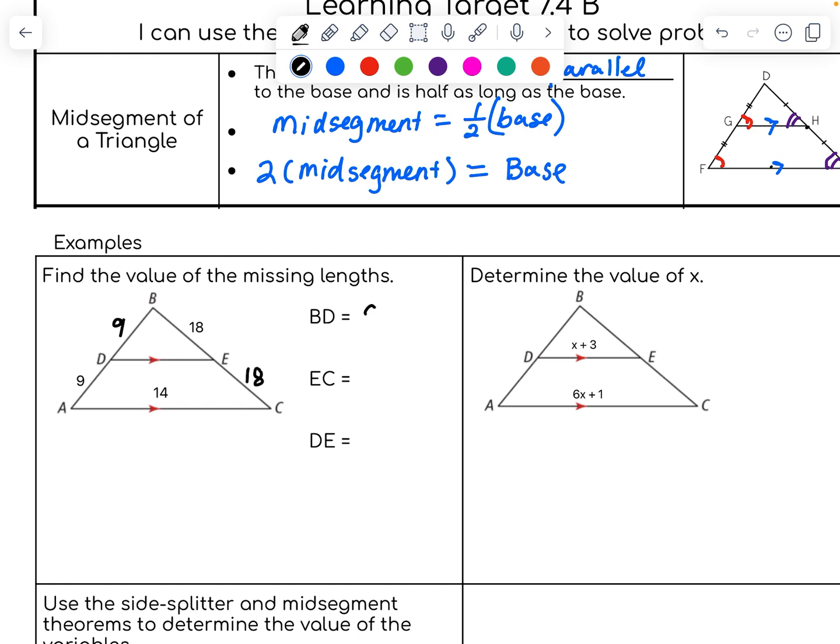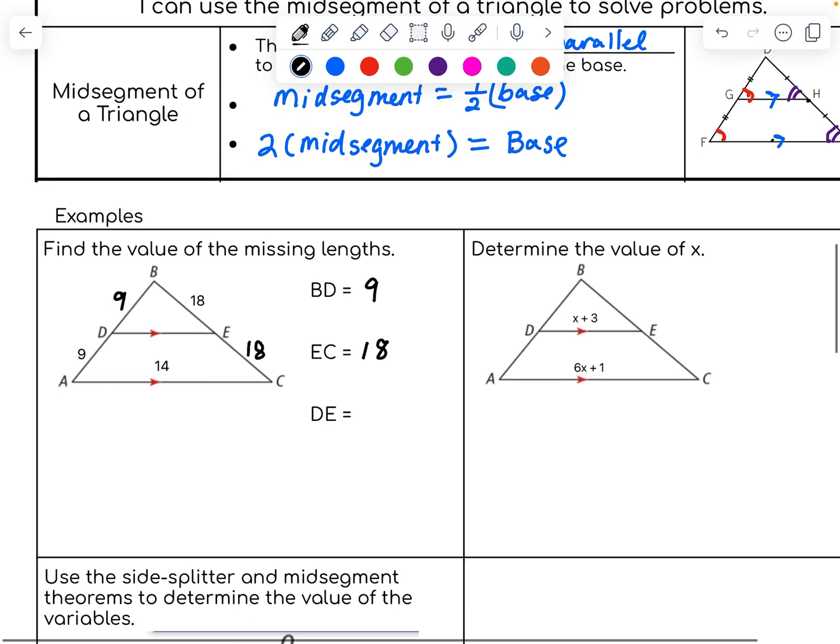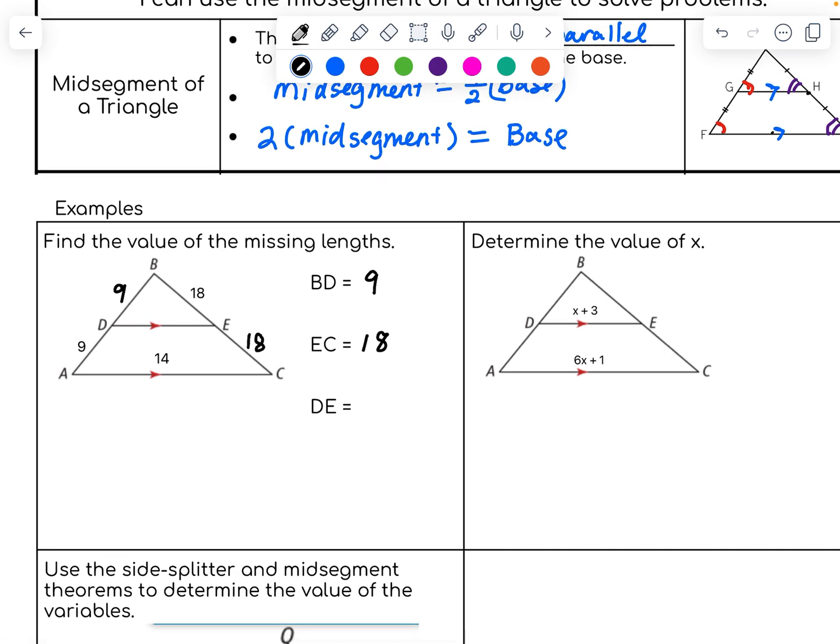So we'd have 9 and 18, and obviously they're proportional to the other side. How would we find D to E? Well, D to E would be half of this side, which is 14, so DE equals 7.